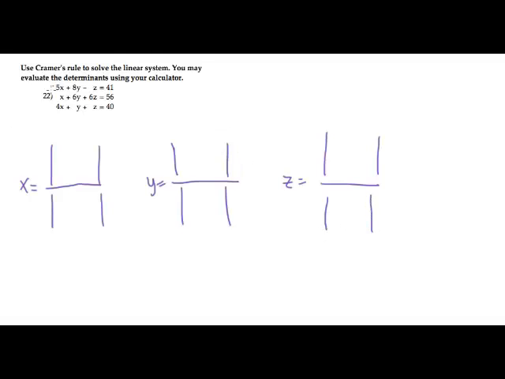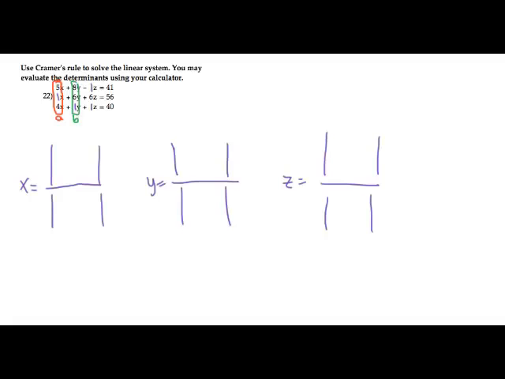So what we have to do, I'm going to put some ones in here, by the way, right here where these coefficients are. What you have to do is figure out what a, b, and c are. So the numbers in front of x, those are my a's. The numbers in front of y, those are b.